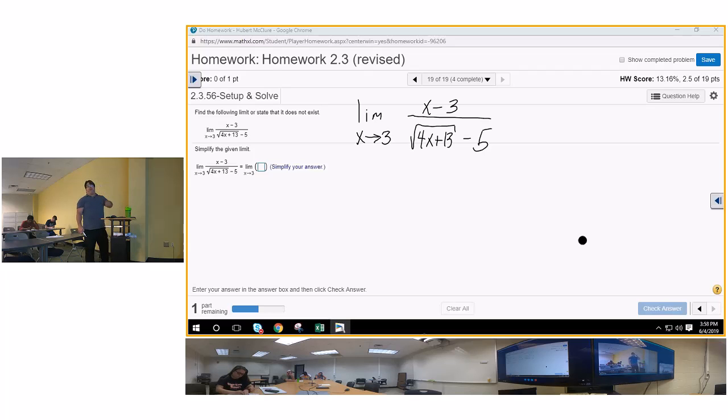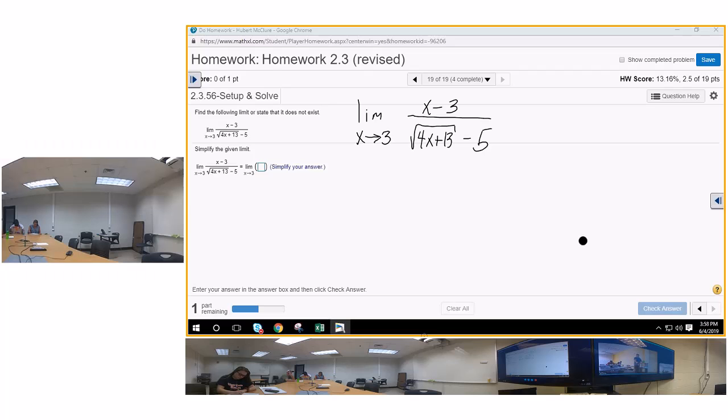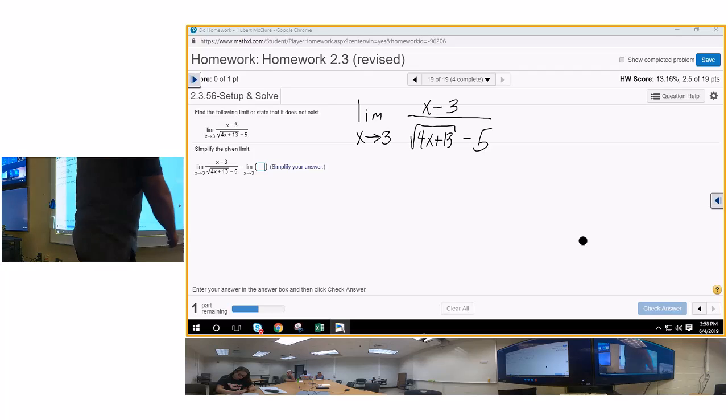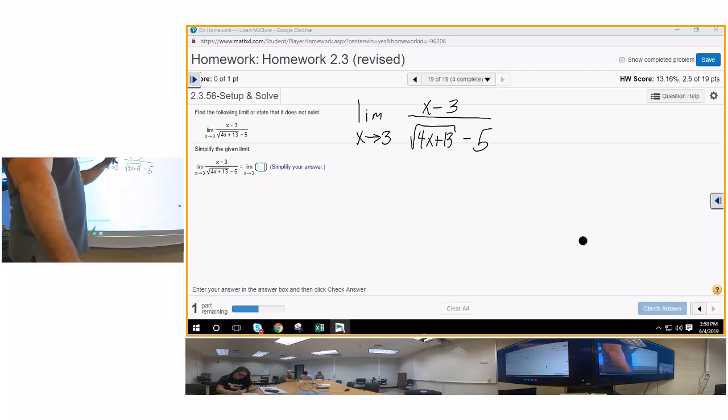So you've got to do something to the denominator. Rationalize it. The key to this is that it is a square root, and if it's a square root, you know you're going to rationalize.